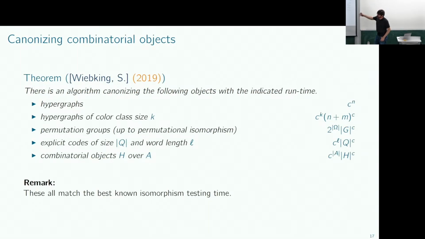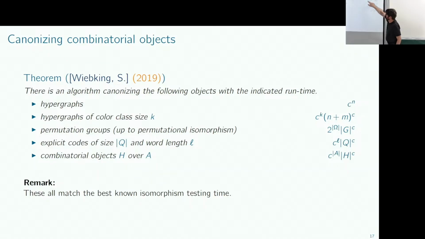Okay, here's a summary of computation times for canonical forms of objects. I don't want to go too much into detail. The way you should read this is that for most things, the canonical labeling algorithm is as fast as the isomorphism algorithm. We did this some years ago with a student of mine, Daniel Wiedking. For example, for hypergraphs, you have single exponential time.